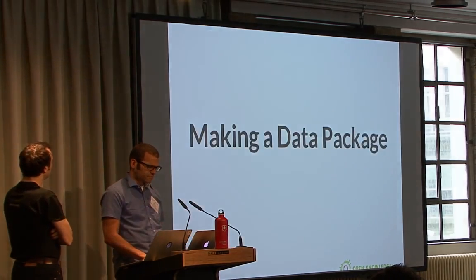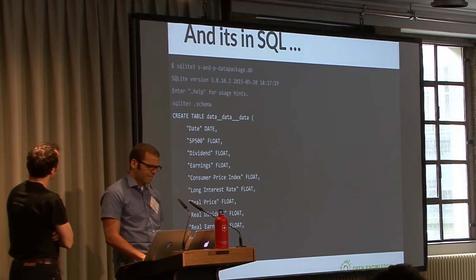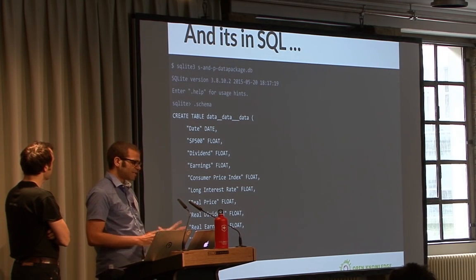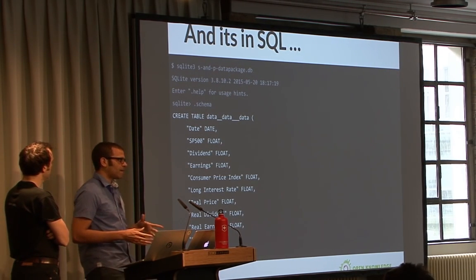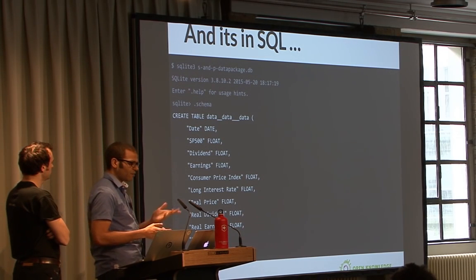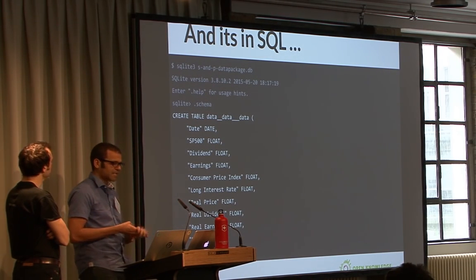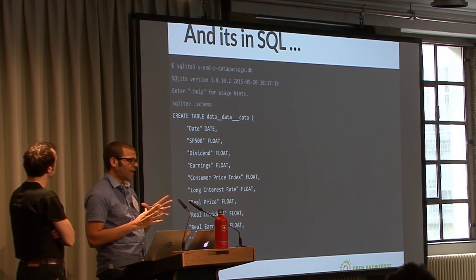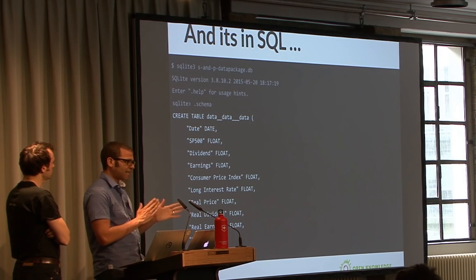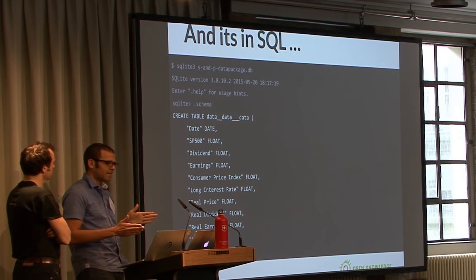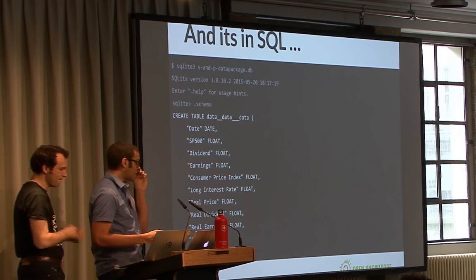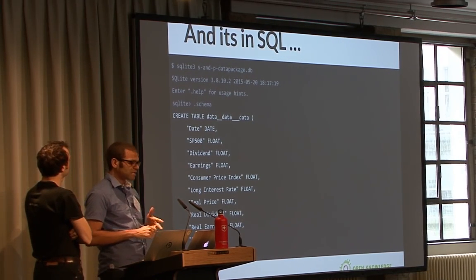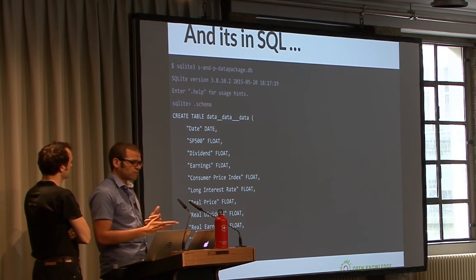In this case, we have this S&P 500 data set. The JSON table schema described that the columns in that data set were date, S&P 500, dividend, etc., and it described the type for each column. All that type information was directly translated into, in this case, an SQLite database, but obviously any database that SQLAlchemy supports, it can translate to the native SQL types.